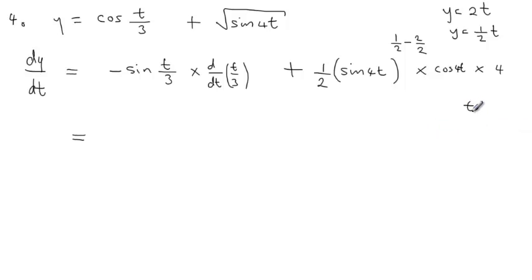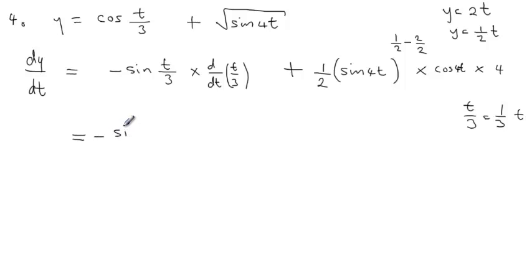Isn't t over 3 equal to 1/3 t? So your eyesight is not very good, my friend. When you're having this, we've got mt, 2t, 8t. Is that right? Good.